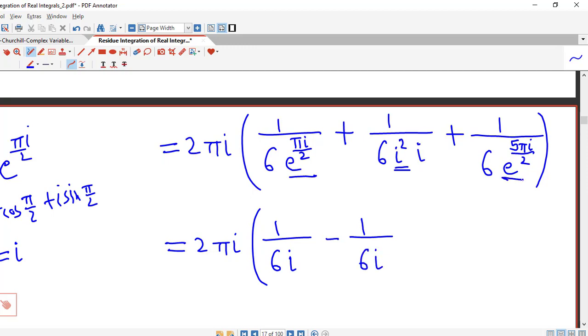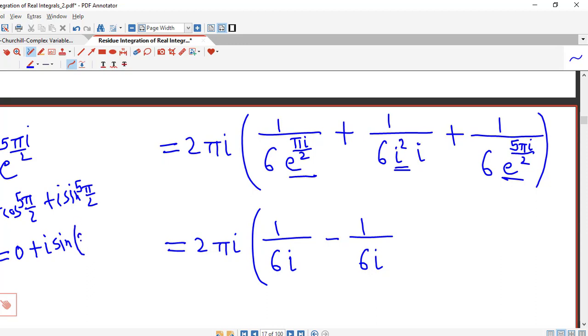And now we simplify this again using Euler's formula. We have e raised to 5 pi i by 2 equal to cos 5 pi by 2 plus i sin 5 pi by 2. Cos 5 pi by 2 is 0, and 5 pi by 2 is 2 pi plus pi by 2, so it is in first quadrant.